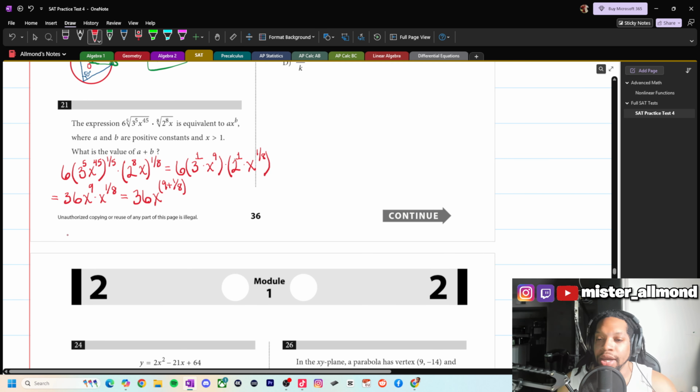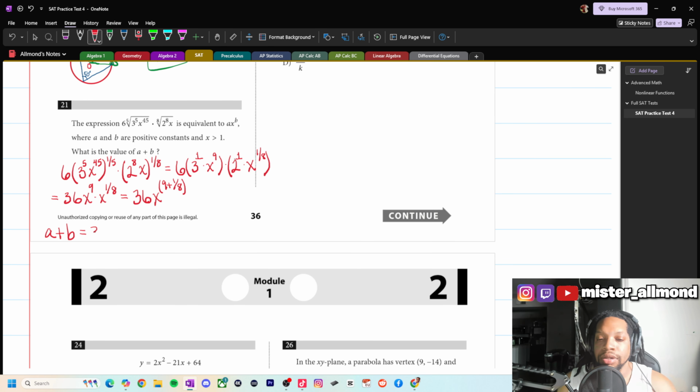My a would be 36, and then my b would be 9 plus 1 over 8. 72 over 8. Let me know if my mental math is wrong. I'm just trying to write 9 so that I have common denominators.